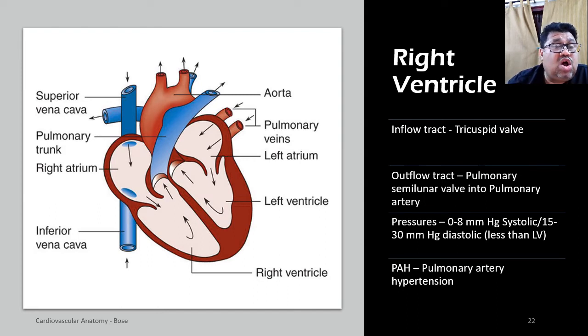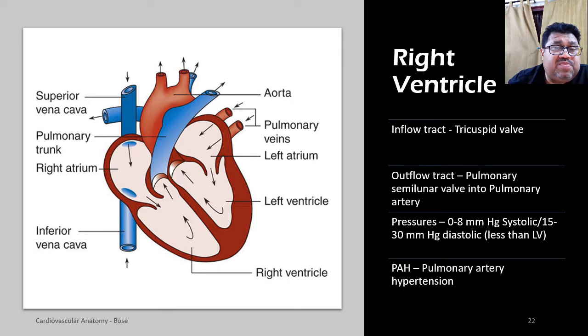This is called pulmonary artery hypertension, or also pulmonary arterial hypertension, which is abbreviated as PAH. So this is caused by compromised perfusion capacity to the lungs.